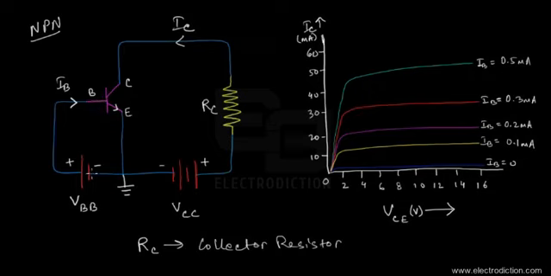Since this voltage source biases the emitter junction in the forward direction, the BJT is in its conducting state.